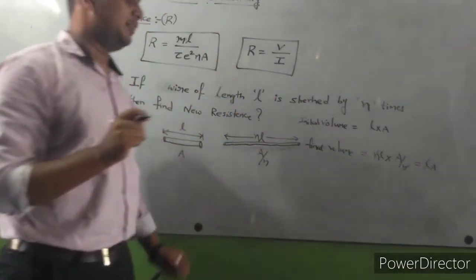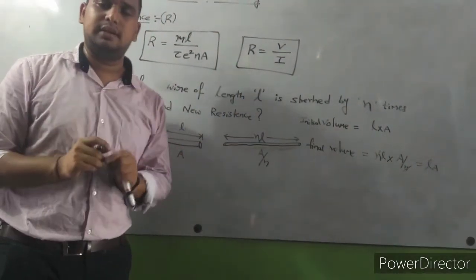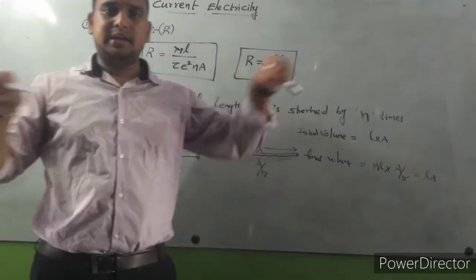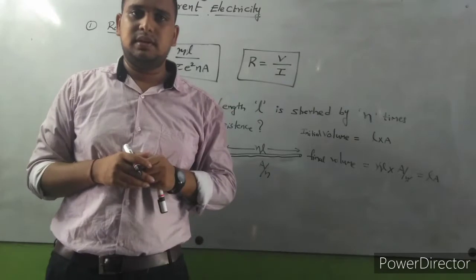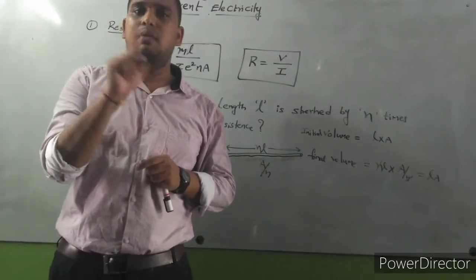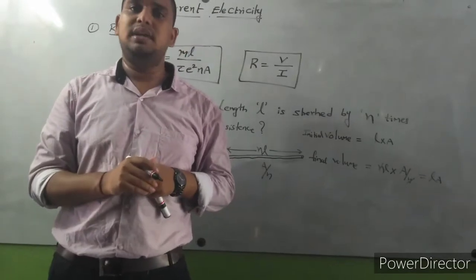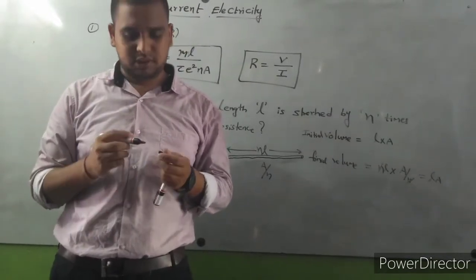So my dear, from this what we concluded: if any wire is elongated or stretched by some length, definitely the volume of the wire does not change. Volume is constant. This is very, very important.